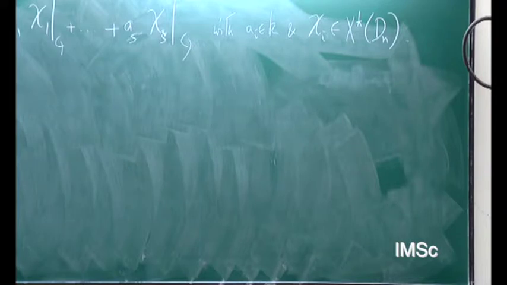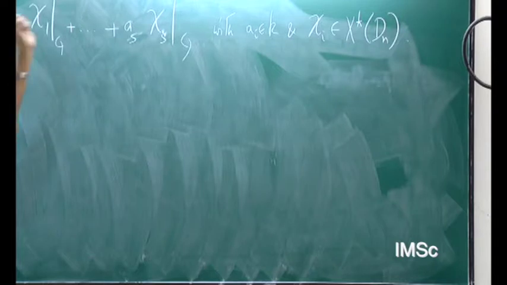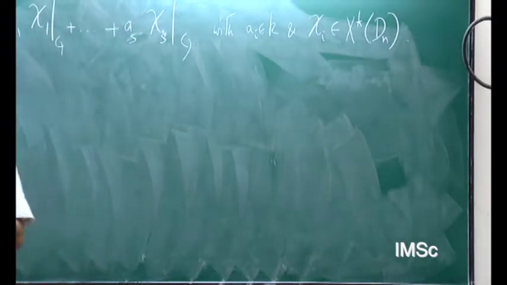What does this mean? If you were able to write this, you would get a non-trivial relation. The only way this can be is if chi is the restriction of a character, by Dedekind. See, this cannot be unless chi is equal to one of them. If chi were distinct from all of these, you would get a contradiction by Dedekind.